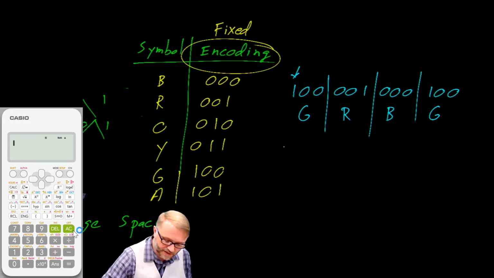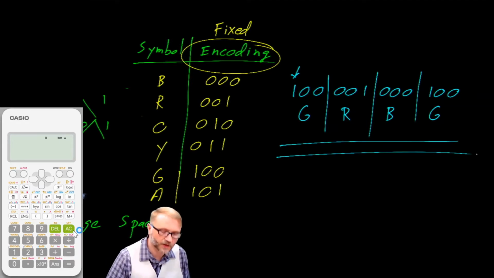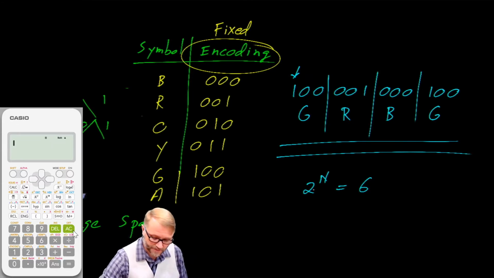Make a note to yourself, this fixed width encoding is fine, but we can do better. For example, we know that the message space is only 6. So 2 raised to the n is equal to 6. So we can ask ourselves, how many questions on average would we need to ask to determine what color it is?